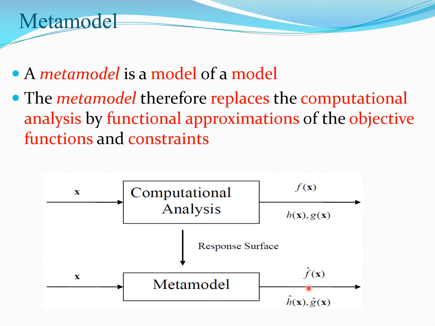So we use this term hat. So you are seeing here f, a hat on top, same with h and g, and these are basically predictions obtained from the metamodel. Now essentially the closer your metamodel is to your computational model, the better it is, and then instead of using this computational program, you can simply use your metamodel for the optimization problems you are trying to do.